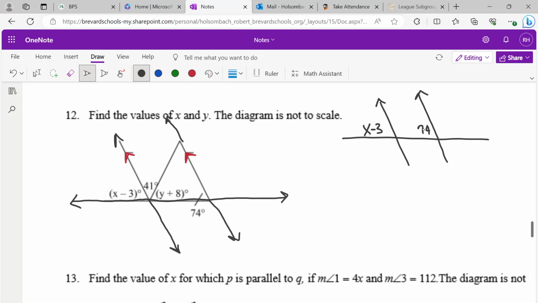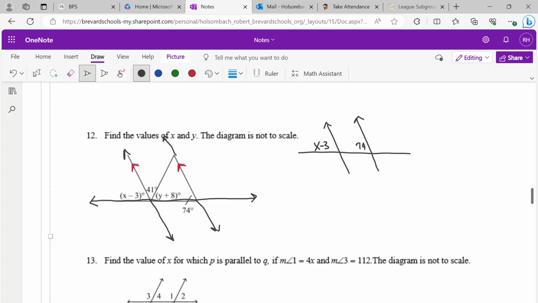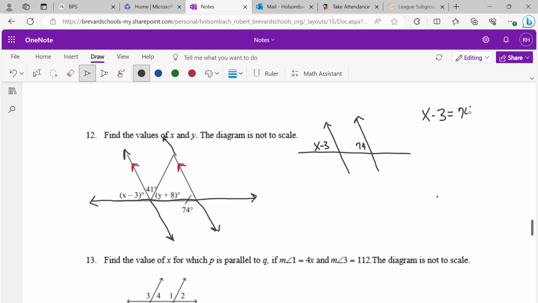Aren't these angles both in the upper left of their respective group? So aren't they congruent to each other? So that's how we find x. x minus 3 is equal to 74. Add 3 to each side. x equals 77. Now, that's your x. There's your first answer.